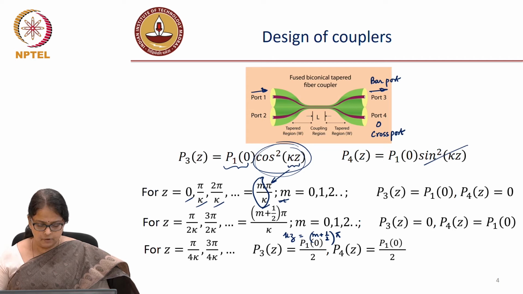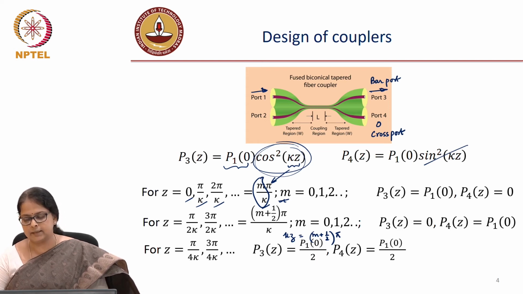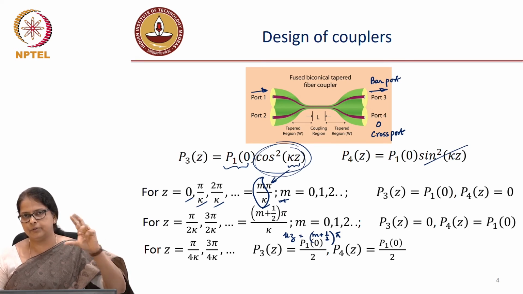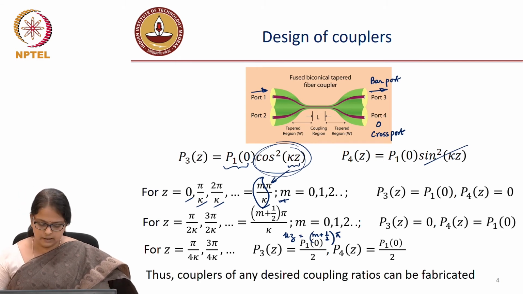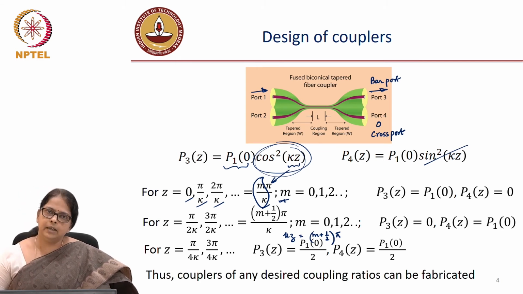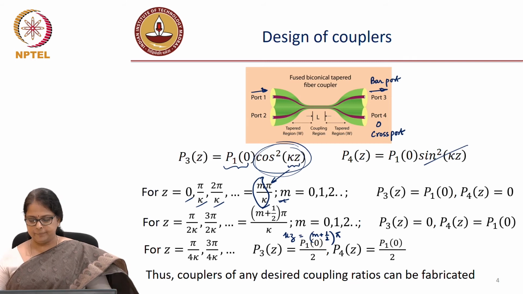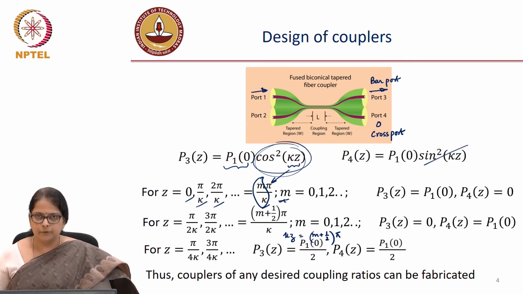For instance, if you make Z equal to pi by 4 kappa or 3 pi by 4 kappa, etc., then cos square kappa Z and sin square kappa Z are half each, which means that P3 is P1 by 2 and P4 is also P1 by 2. So you made a 3 dB coupler. 3 dB coupler means 50-50 coupler, right? So this way, couplers of any desired coupling ratios can be fabricated.